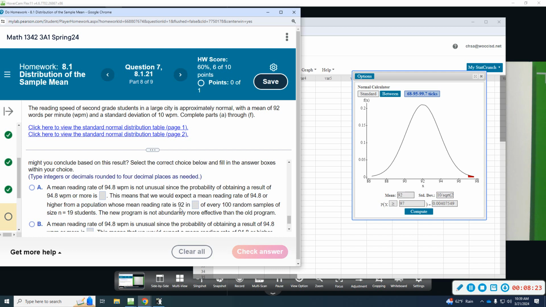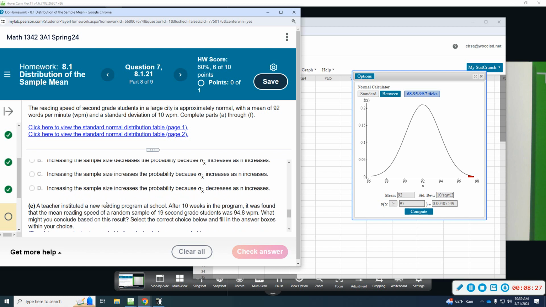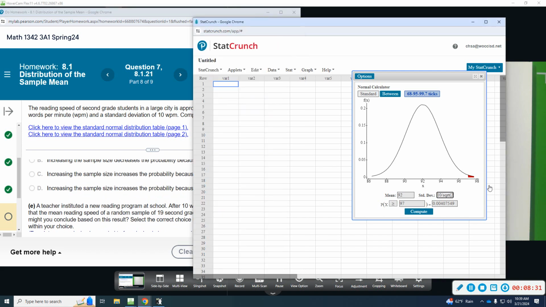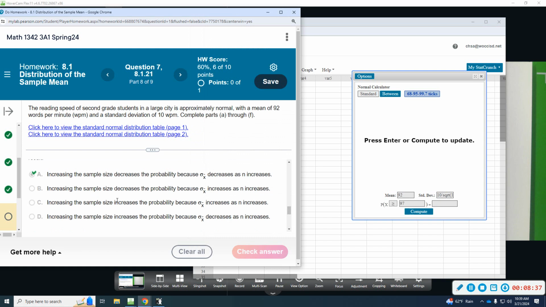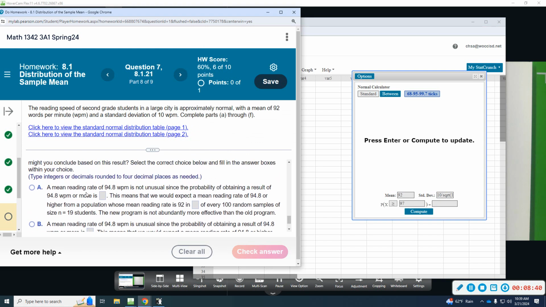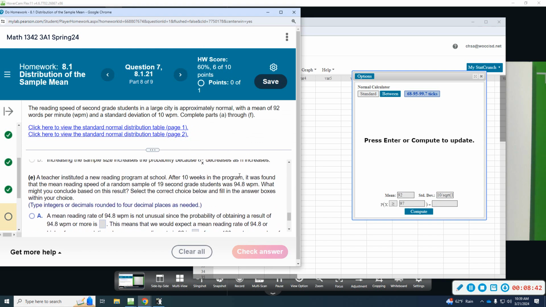So we first need to compute the probability. So we're still using the original mean and standard deviation, and we have samples of size 19. So I'm going to come here and change this to a sample size of 19. And from this reading, the reading program found that the mean speed of a sample was 94.8.